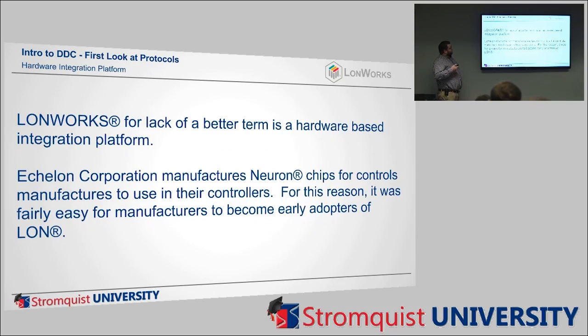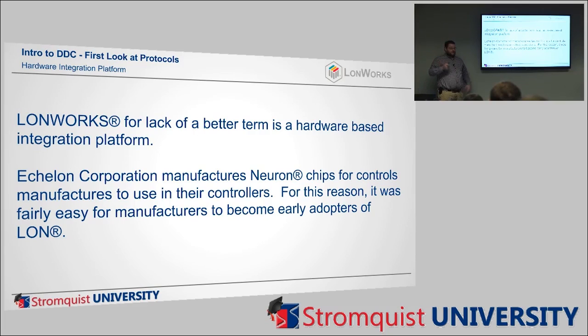So LON is a hardware-based integration. If you have a LON controller, it has a chip in there that was manufactured by Echelon. The good and bad of that is Echelon drives some of the pricing on that chip.